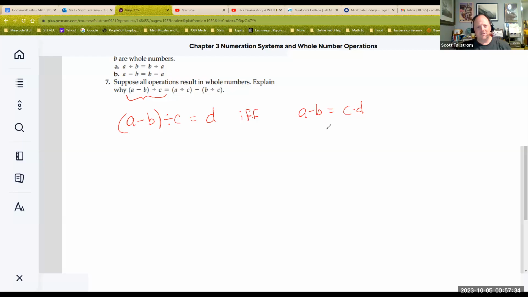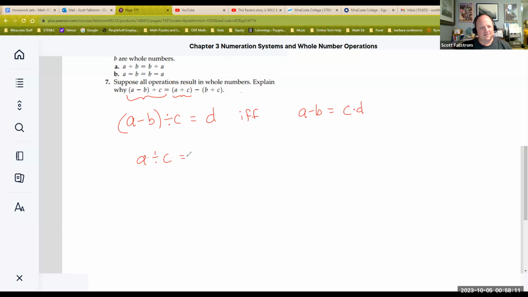Now when you look at this, you say, wait a minute, what is really happening here? We could look at the other side: a divided by c minus b divided by c. I may not know what that is equal to, so I want to choose a different symbol.